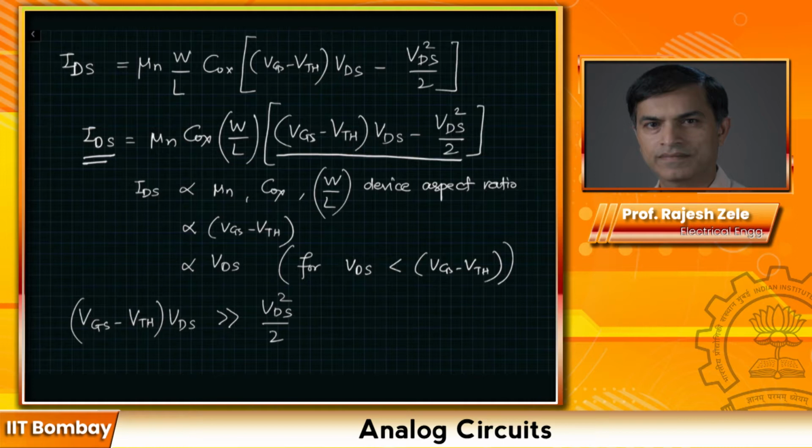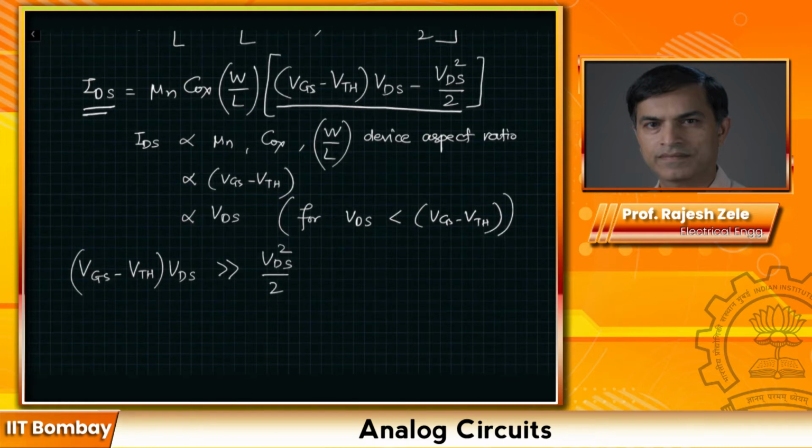And this is what gives you the condition which is described here. This tells you that VDS has to be less than 2 times VGS minus VTH.